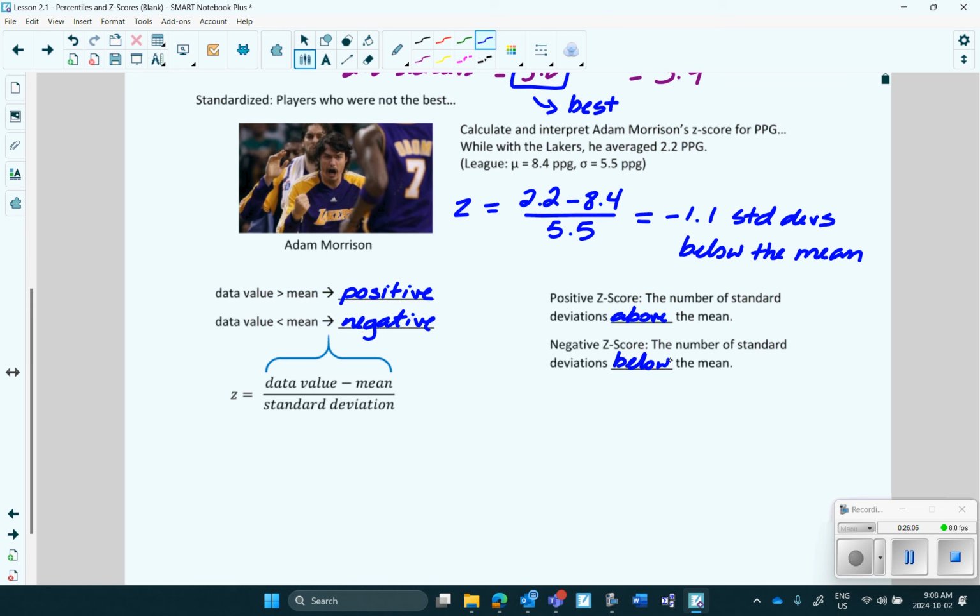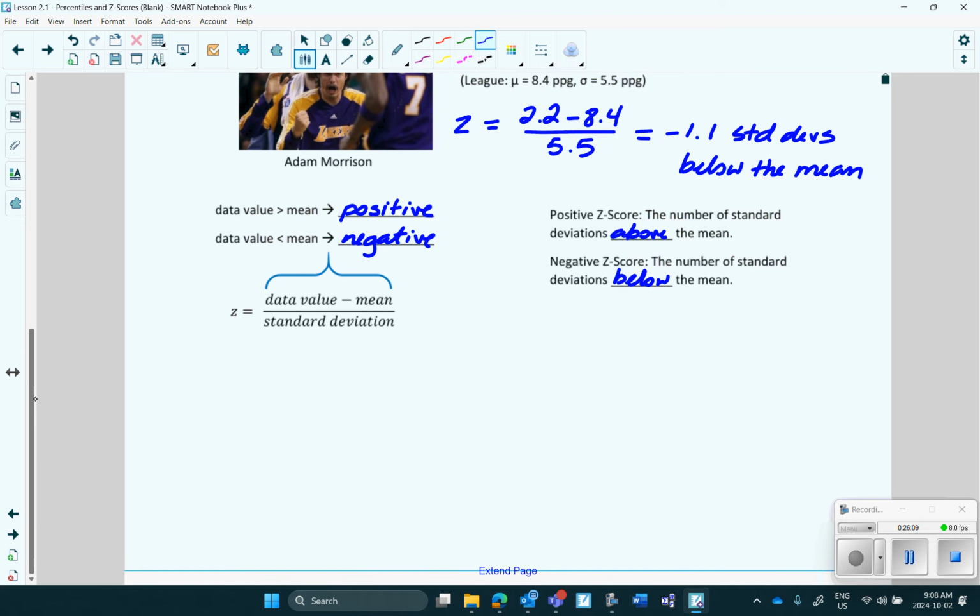One other thing I want to add is just go back to this page. We don't really use this piece of information a lot, but it is kind of good to know. So when we standardize a set of data values, we're creating a new set of data values, aren't we? We're going to have numbers like 3.3, which represents above the mean.